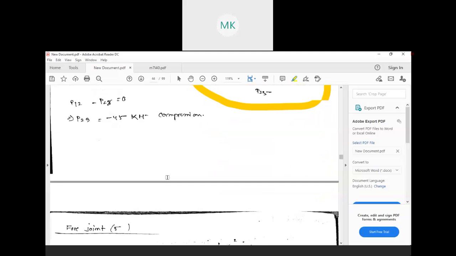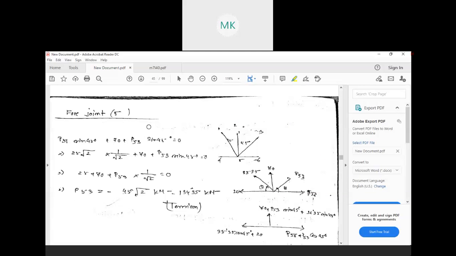Similarly, you need to go to joint 5. The same way, only there is a little confusion about where the diagonals come, but remember diagonals always make an angle of 45 degrees with the vertical or the horizontal.